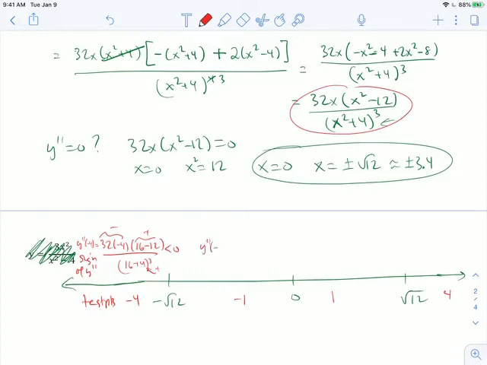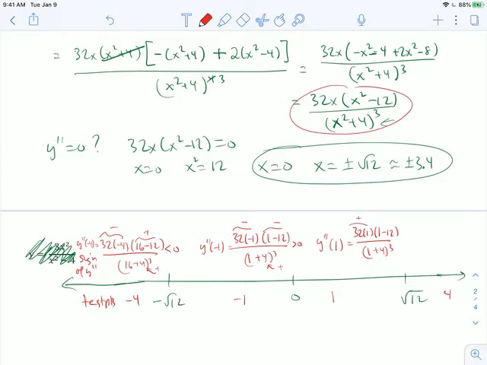Y double prime of negative 1 is going to be 32 times negative 1 times 1 minus 12 over 1 plus 4 cubed. This is negative, this is negative, this is positive, so I've got negative times negative over positive, that's positive. Y double prime of 1 is 32 times 1 minus 12 over 1 plus 4 cubed.